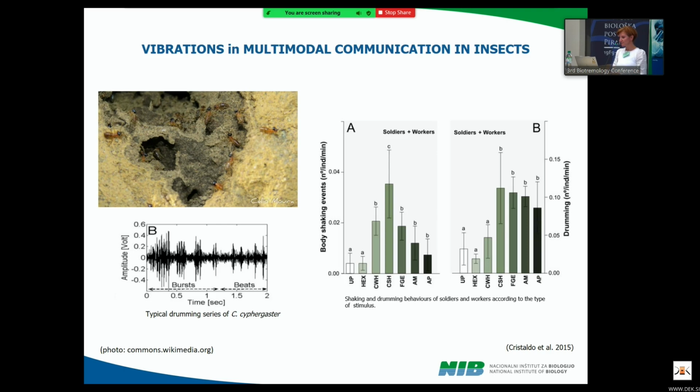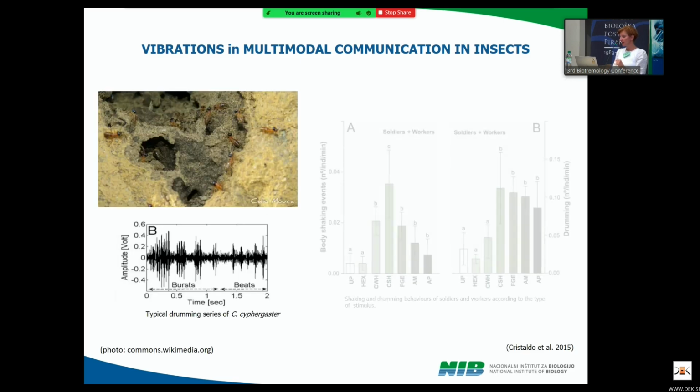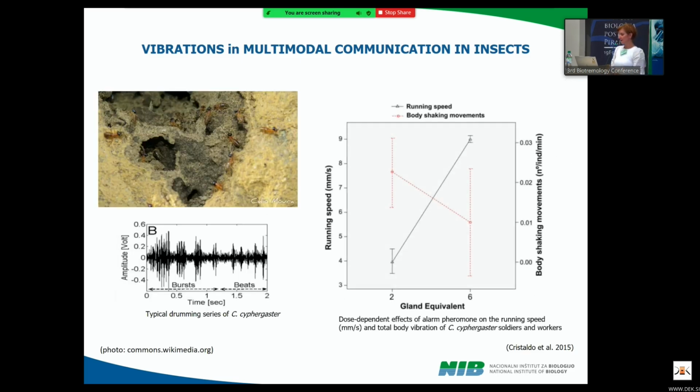In both cases, I forgot to mention, in the example of stink bugs, this modulation of the pheromone production is probably important because of the decrease of the metabolic cost of producing pheromones, and also a decrease in parasitism risk. And also in this case, it's beneficial for colony members to react according to the type or the amount of the danger that is present in the vicinity.